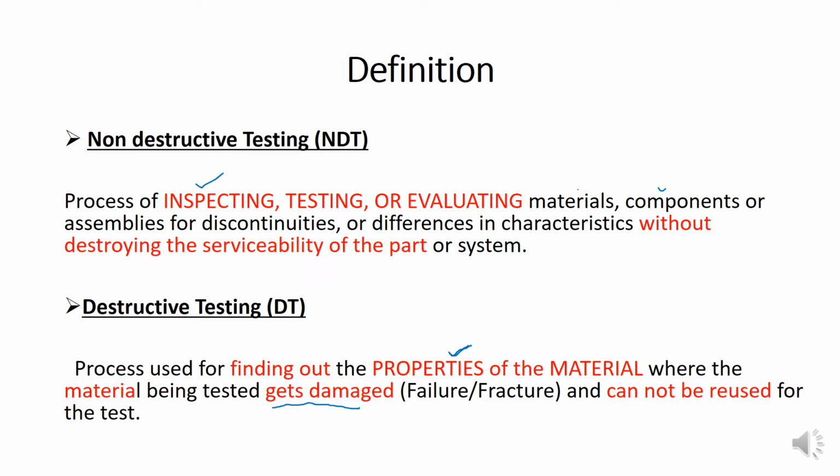So the material gets damaged either by failure or fracture. Failure means if the particular material is not able to perform its specific task. And fracture is when there is a breakage of the part into two or more parts.